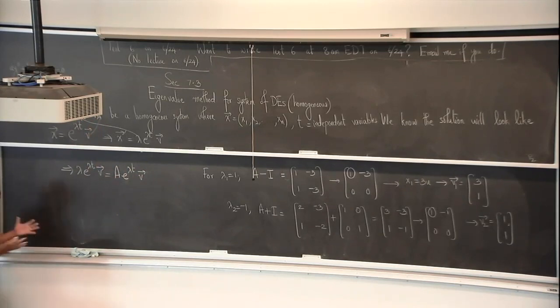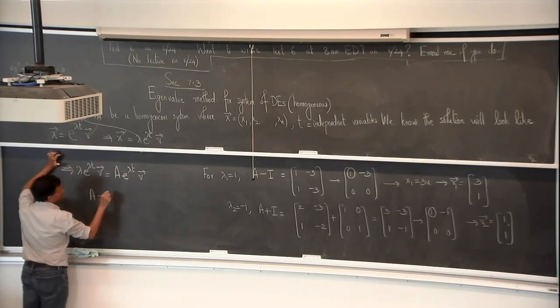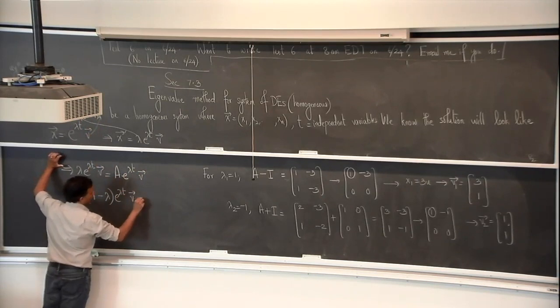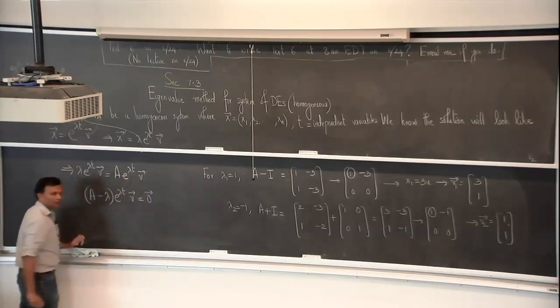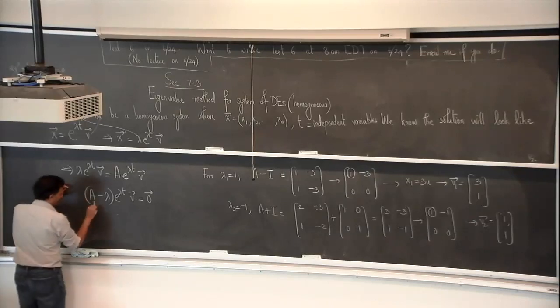Now if you bring all these terms to one side, you get A minus lambda times e to the power of lambda t times v equal to 0. I mentioned this once, you cannot combine apples and oranges. A is an n by n matrix. Lambda is a scalar.